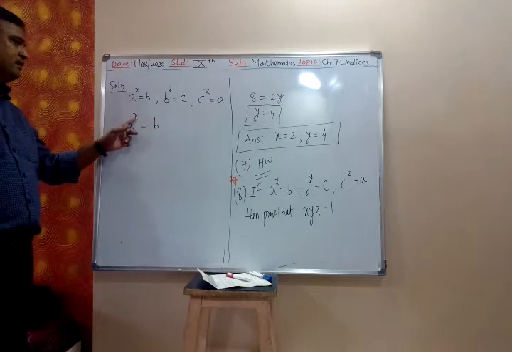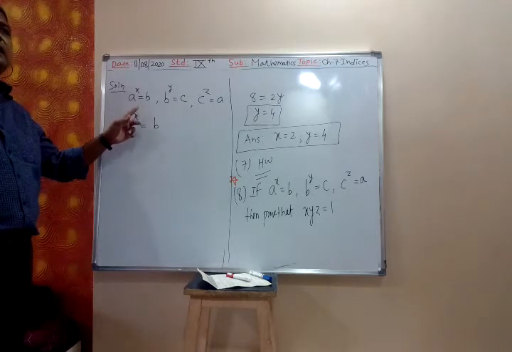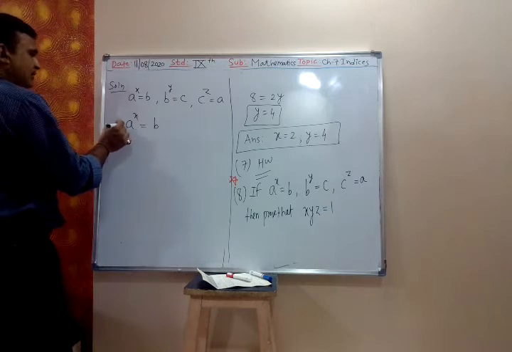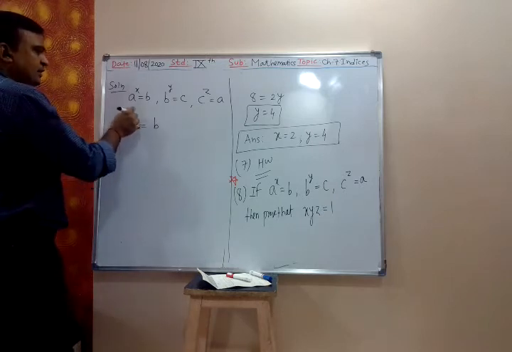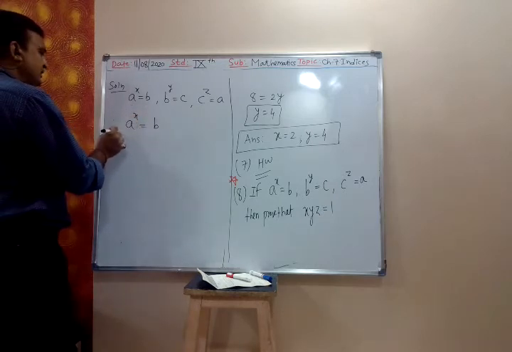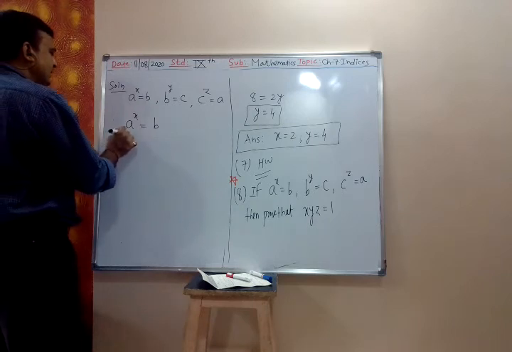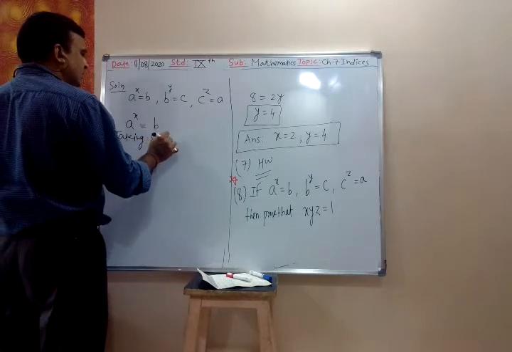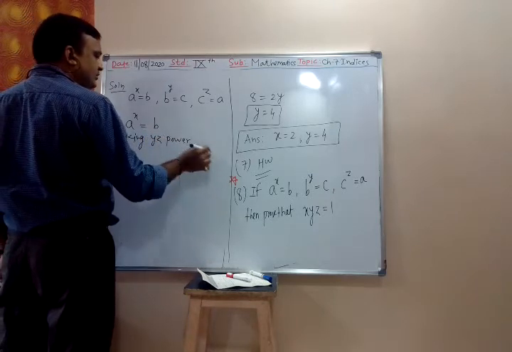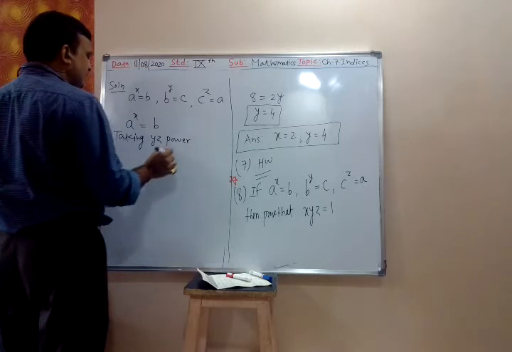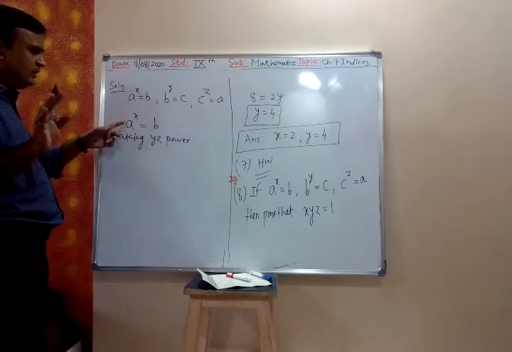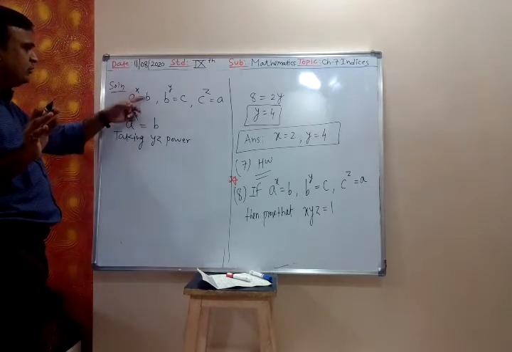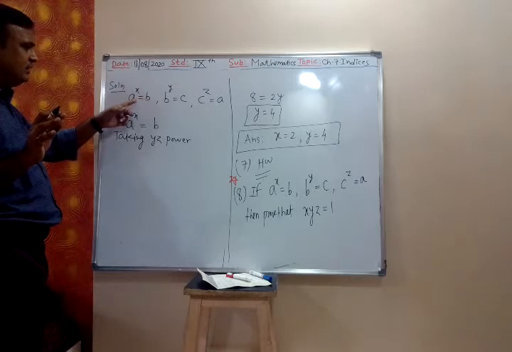To make the power of a as xyz, I have to multiply by yz. So I will take yz power on both sides. We want xyz. a raised to x is equal to b, this is given, that I am using.